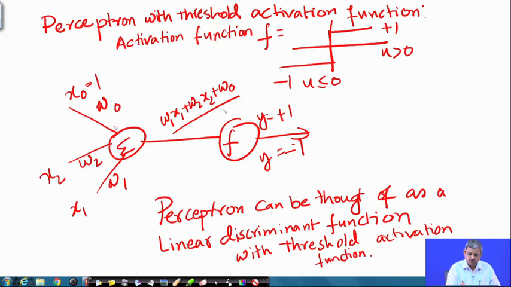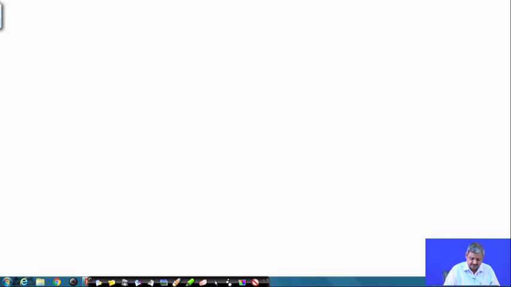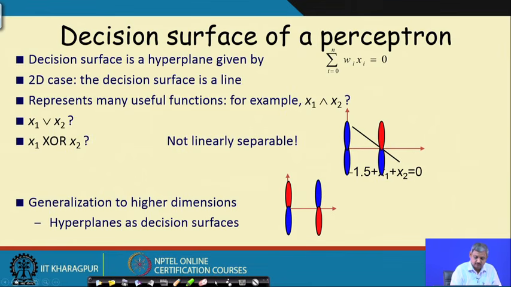In fact, there is a slightly different way of looking at it. Instead of having W naught as a separate term, you can also have it like this, a shifted threshold, where this is W naught, your bias term, bias weight. Okay, this amount of shift. All right, but in general, you can have other forms of activation function. Okay, so this is what I have seen.